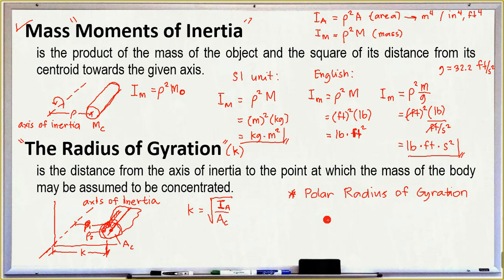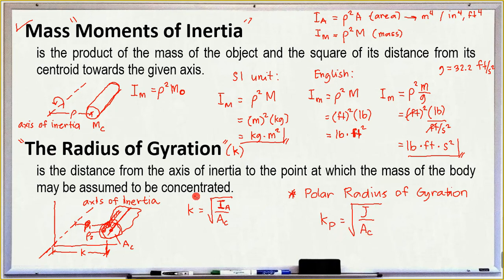The polar radius of gyration can be denoted as k sub p. So k sub p is equal to, again, we also discussed the polar moment of inertia, which we denote with capital letter J. So the square root of J over, again, the cross-sectional area of the given body.